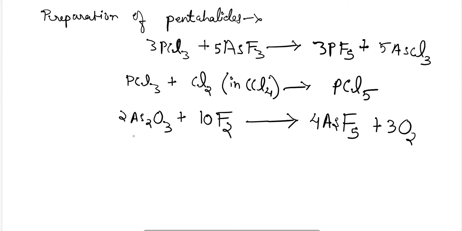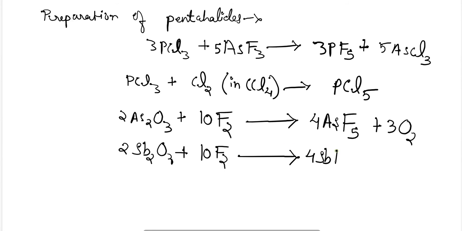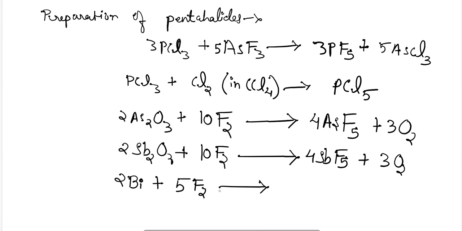Similarly, the same reaction is seen for antimony: antimony trioxide, when reacted with difluorine, forms antimony pentafluoride and 3 oxygen is released. Bismuth forms pentafluoride by the simple reaction of 2 molecules of bismuth with 5 molecules of fluorine, forming 2BiF5.